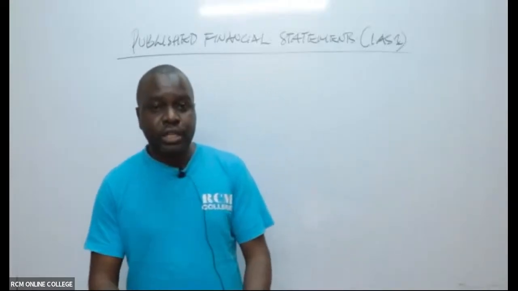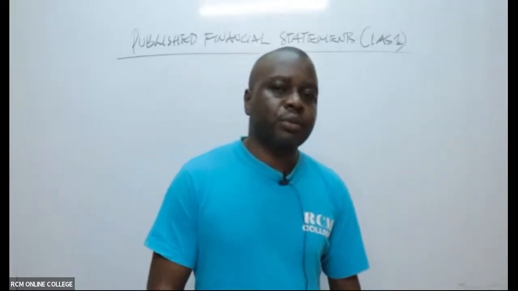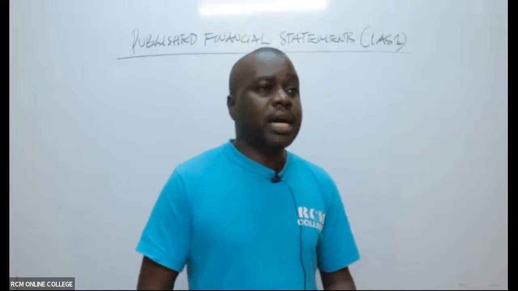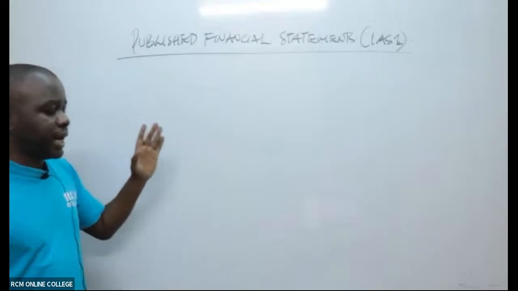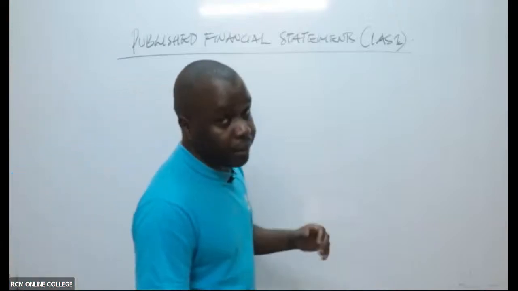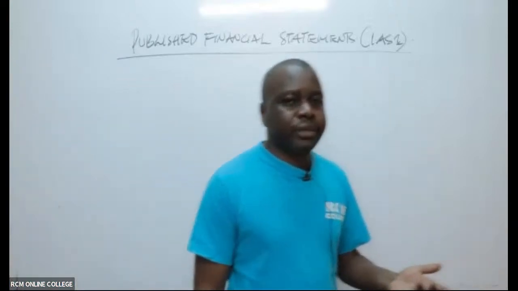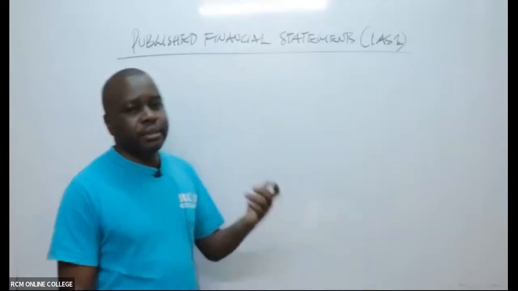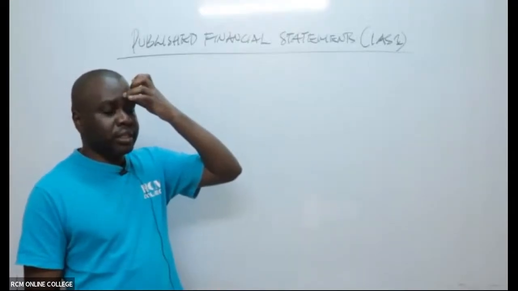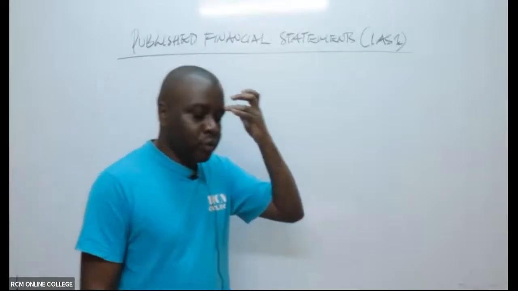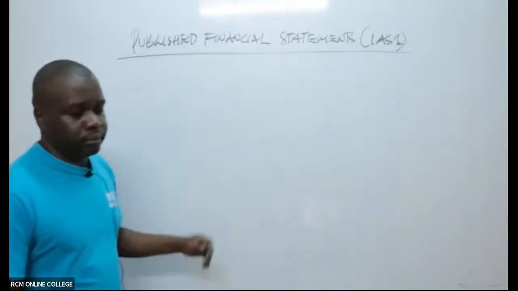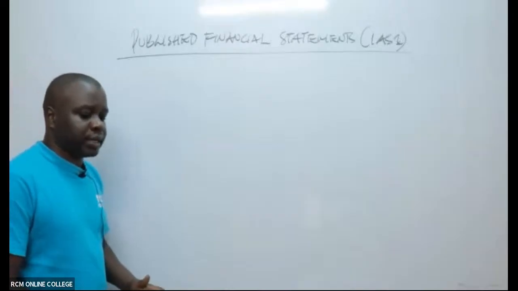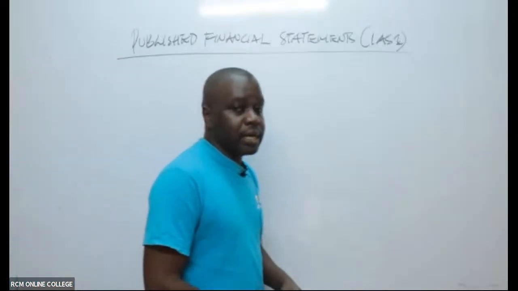In this case, there are a few differences as to why you're supposed to present financial statements, and that is what we're going to learn under published financial statements. Remember, this topic is mandatory. It doesn't miss in the exam, so it is very important that you comprehend what happens in this topic. So we have group accounts, and of course, we have this one. Very important to understand what is happening in this topic.